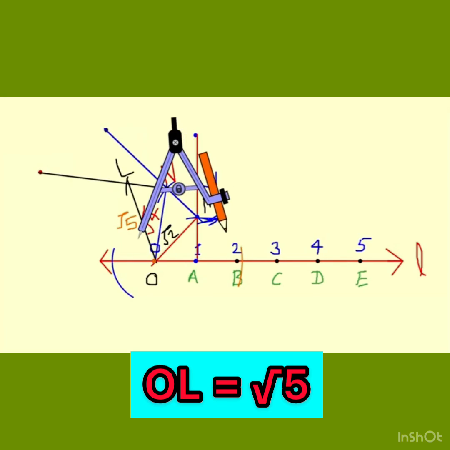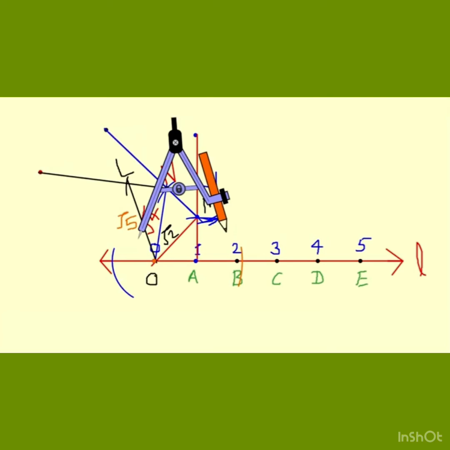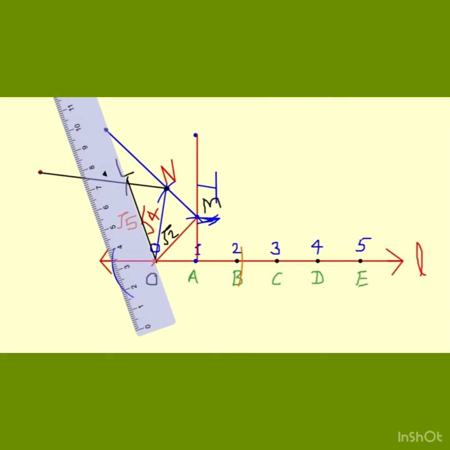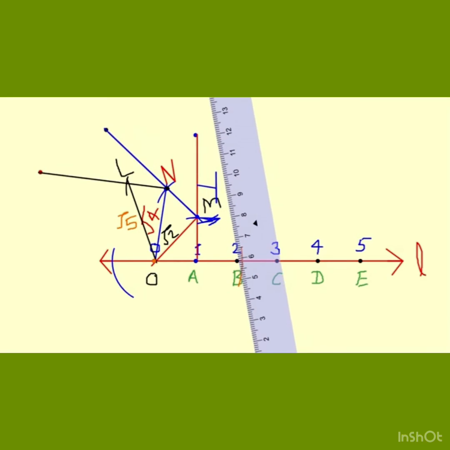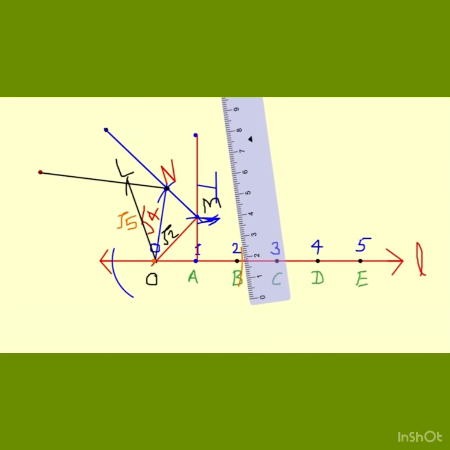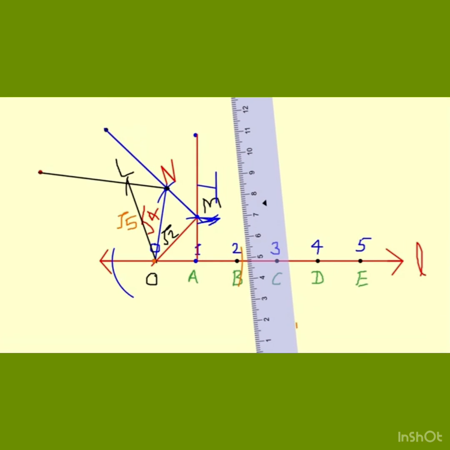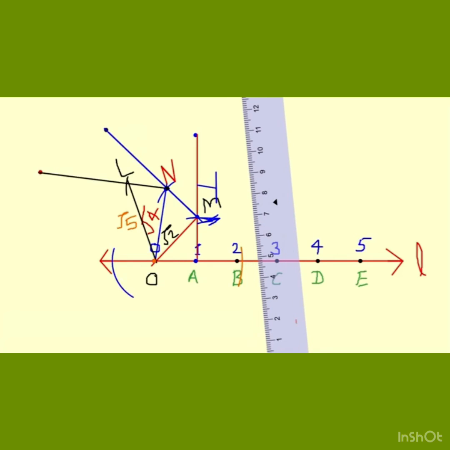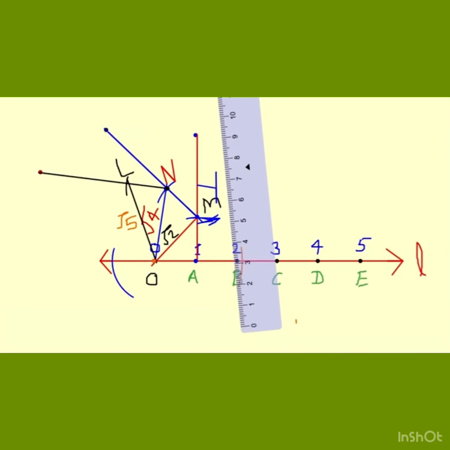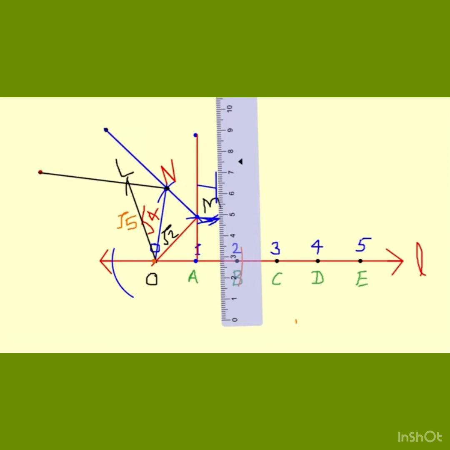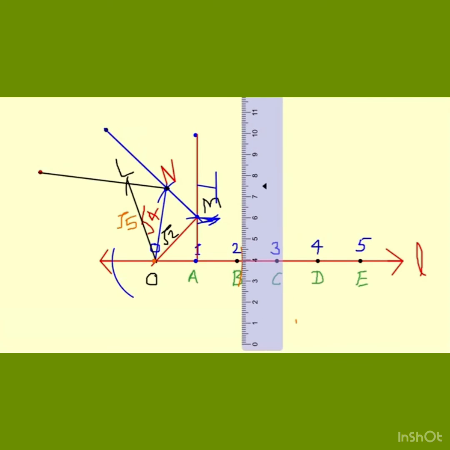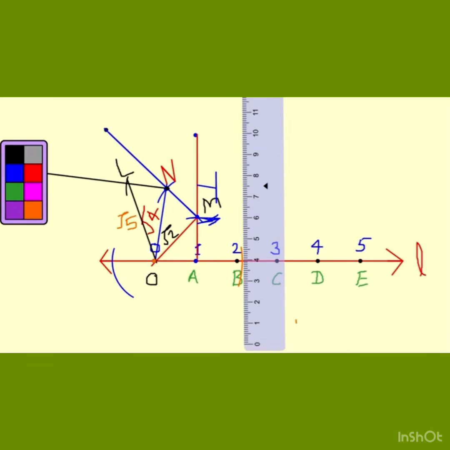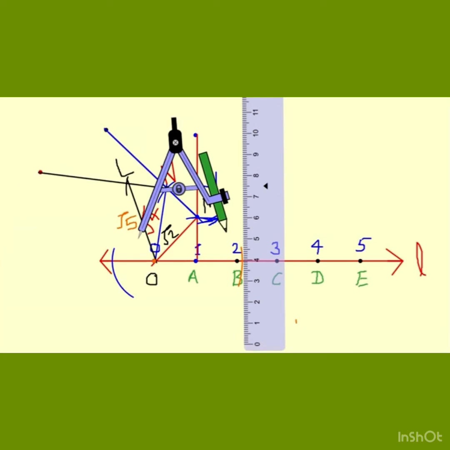As you see, this is the root on the number line. You can draw a line on this intersection point and mark an arrow. So this intersection point is so that this is the root on the number line.